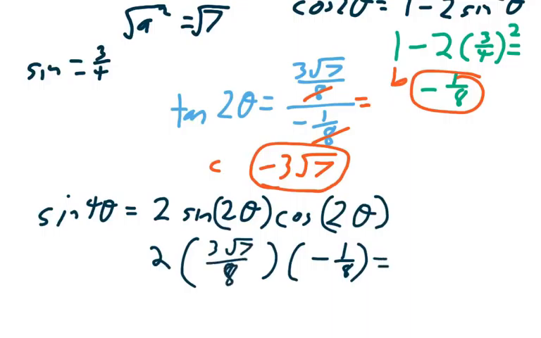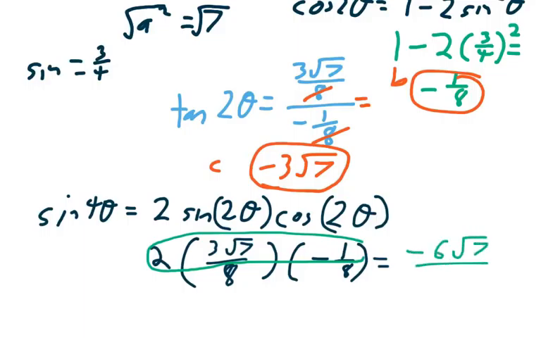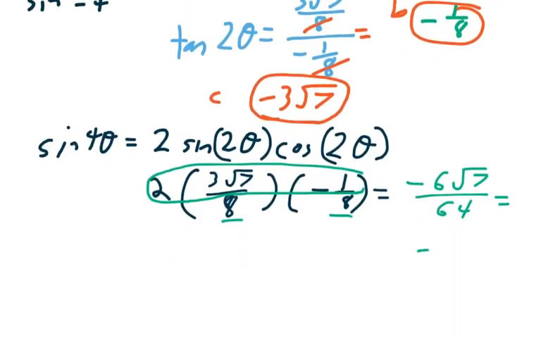So on the top, when I multiply the numerators, we got -6 square roots of 7 over, when I multiply 8 times 8, we get 64, which turns out to be -3 square roots of 7 over 32.